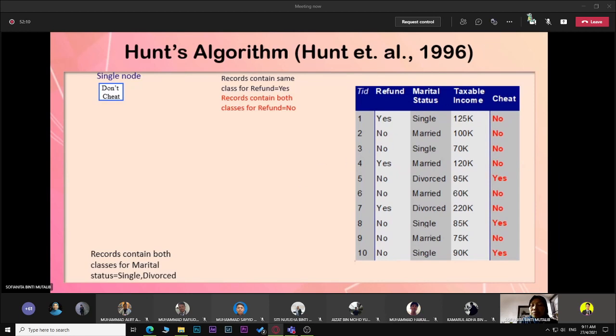Do all of them belong? You have yes here, isn't it? And you also have yes here, and you also have yes. Right? So it's not right. If it's not right, then we have to look at the attributes.